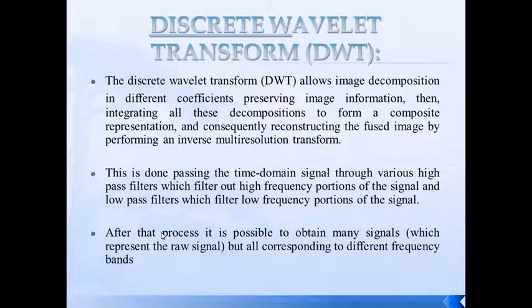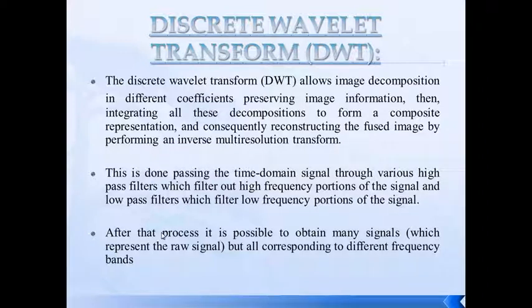So, the first technique, the discrete wavelet transformation. What it does is it allows image decomposition into different coefficients, preserving image information, then integrating all these decompositions to form a composite representation. Consequently, it reconstructs a fused image by applying an inverse multi-resolution transform.